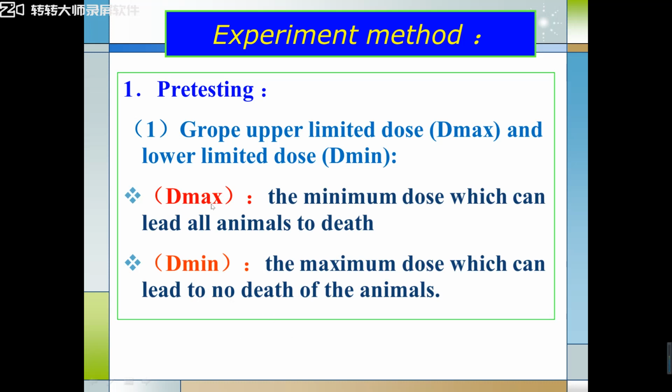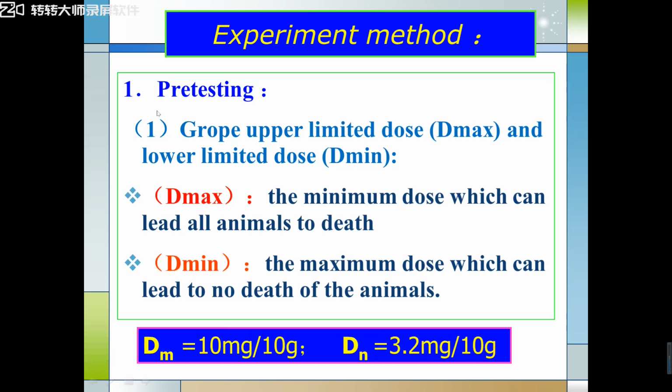From this Dmax and Dmin, in the pretesting, we have obtained the drug's Dmax and Dmin. In this class, we will observe dipteryx, its Dmax and Dmin. We will observe the LD50, the 50% lethal dose, of dipteryx. In the pretesting, we have obtained Dmax.